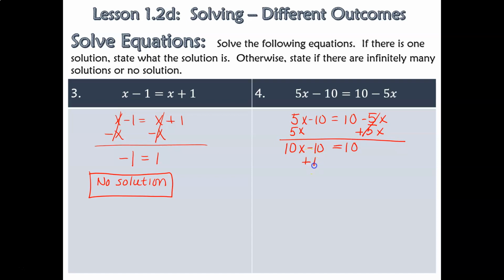So I'm going to add 10 to each side here. So I have 10x equals 20. I'm going to divide by 10, and x is 2. That means the only thing that you could plug into that equation to make it true or equal on both sides is 2. So this would be an example of an equation that had exactly one solution.